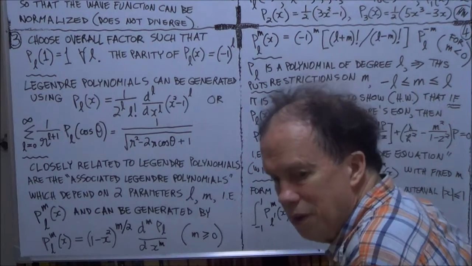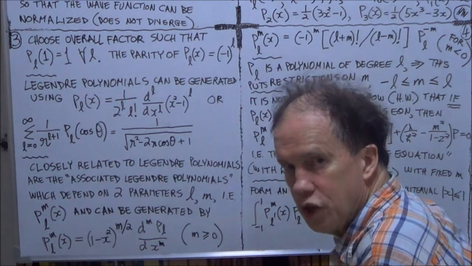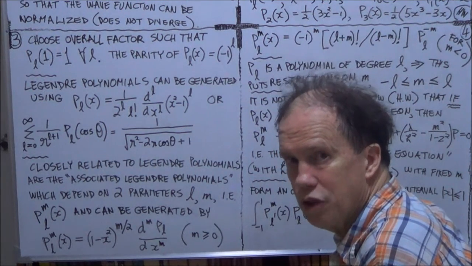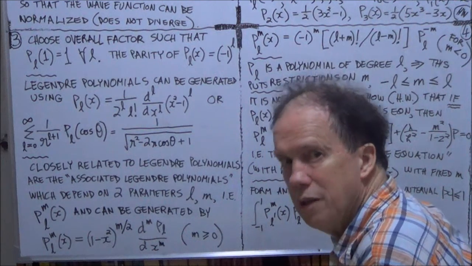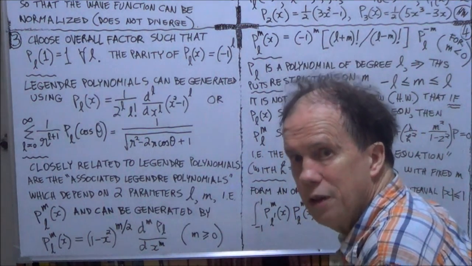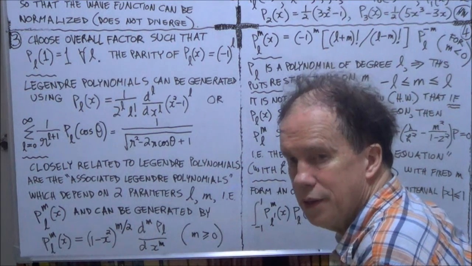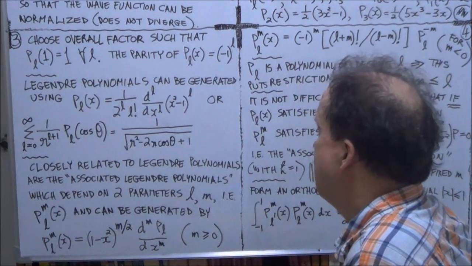Now a new topic somewhat. We move away from the Legendre polynomials and the Legendre equation, and now we talk about the slightly more complicated associated Legendre equation and associated Legendre polynomials. Okay.